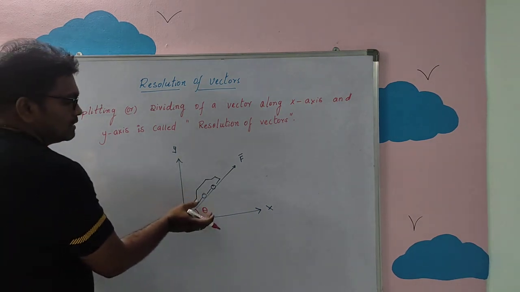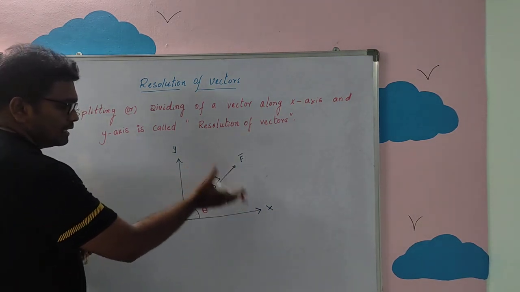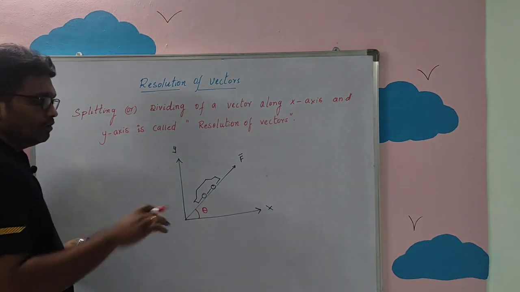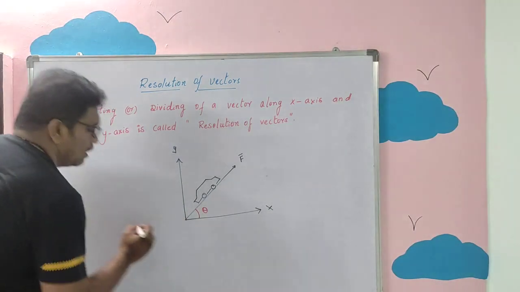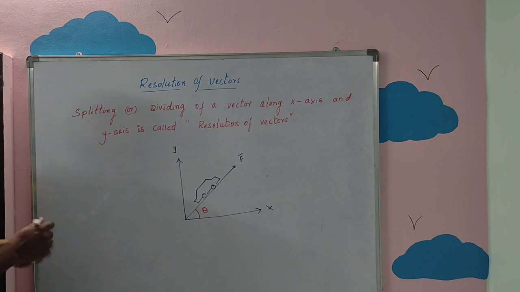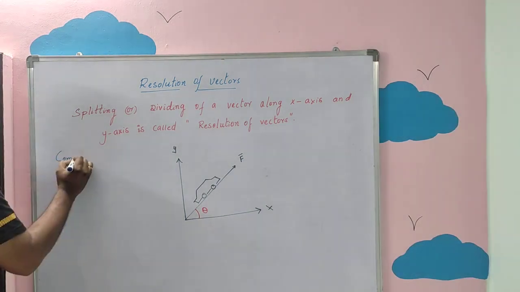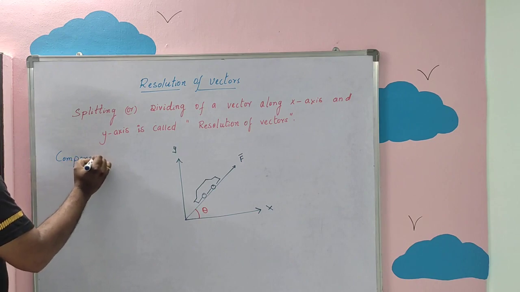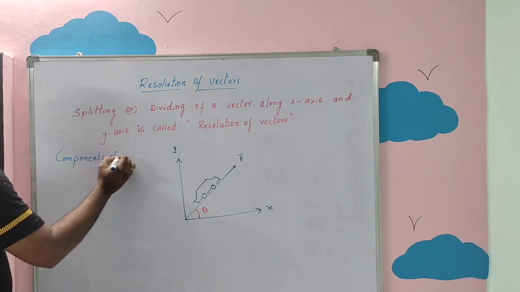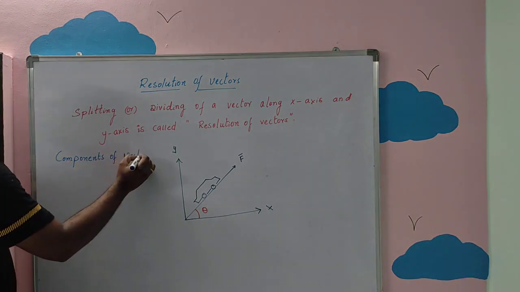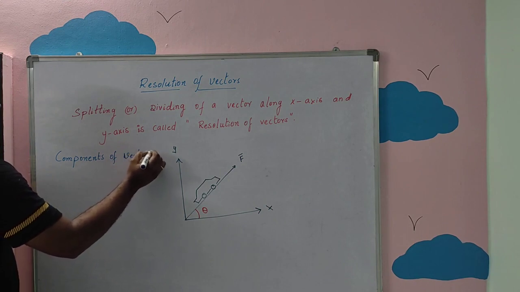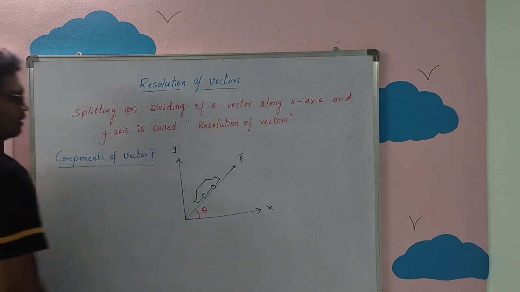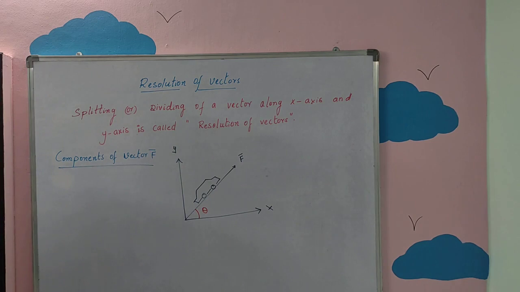Now, with the help of this theta and this main vector concept, we will see what the components of the force vector are along x axis and along y axis.